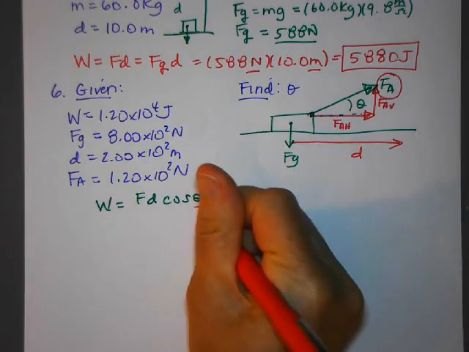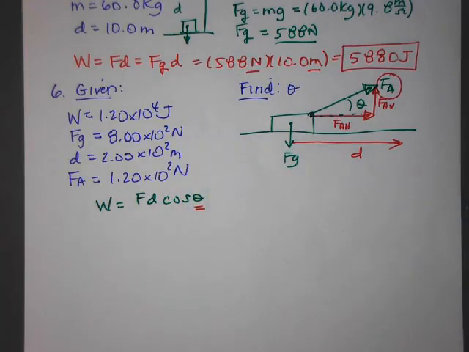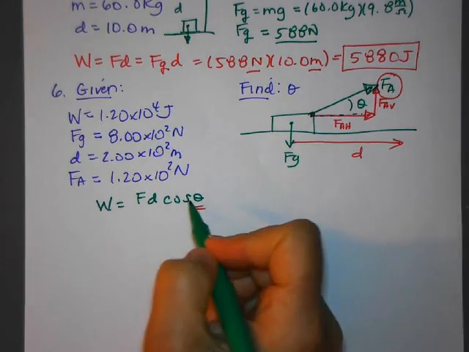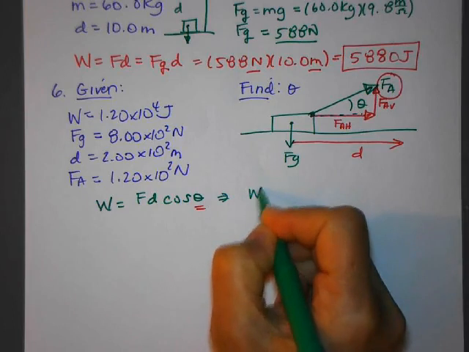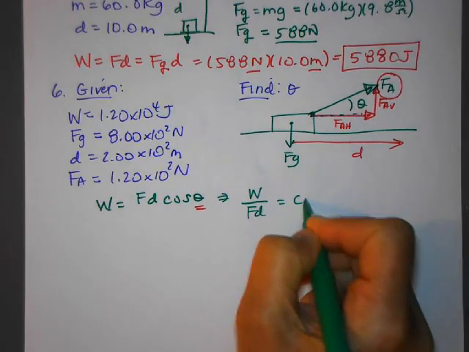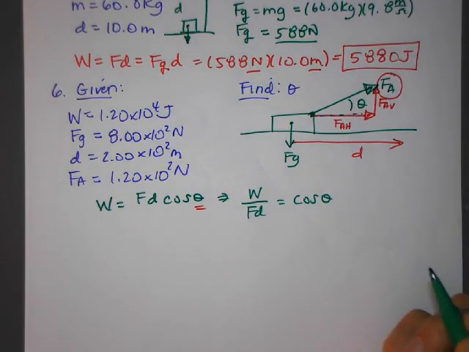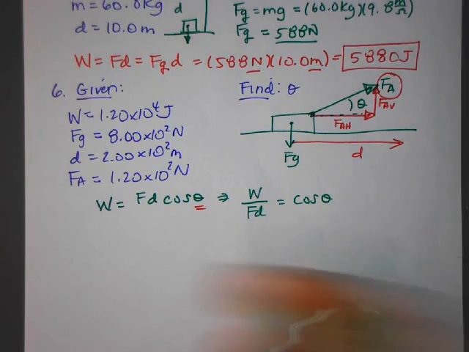So I'm going to rearrange the equation to solve for the unknown in terms of the known. So I want theta by itself. So I'll divide by FD. So I'll have W over FD is equal to cosine theta. At this point, I would substitute in my values.